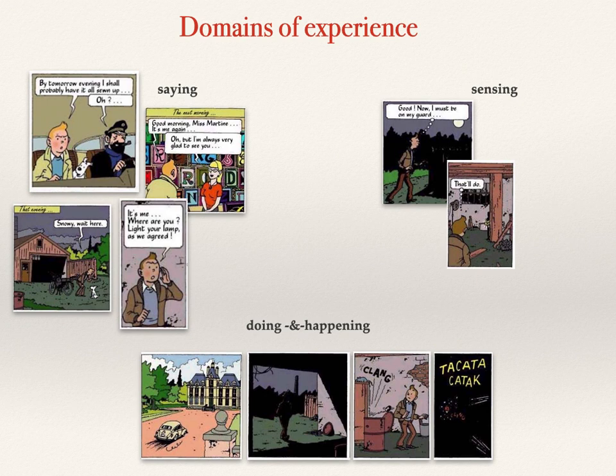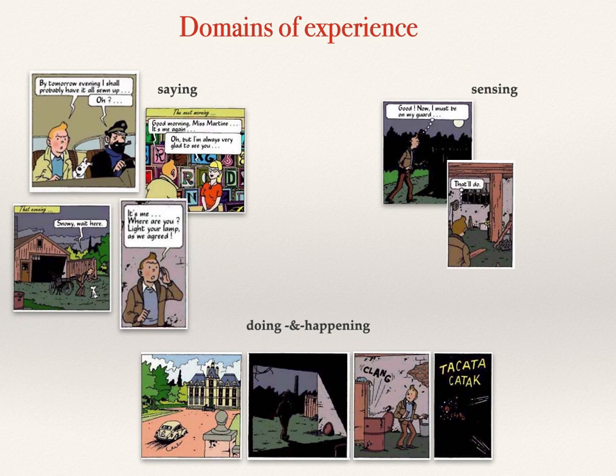But then there are 2 other kinds of experience, 2 other domains of experience, saying and sensing. And these, it would appear, require language. So while the first can be monomodal, in the sense of modal systems, the second 2 have to be bimodal.